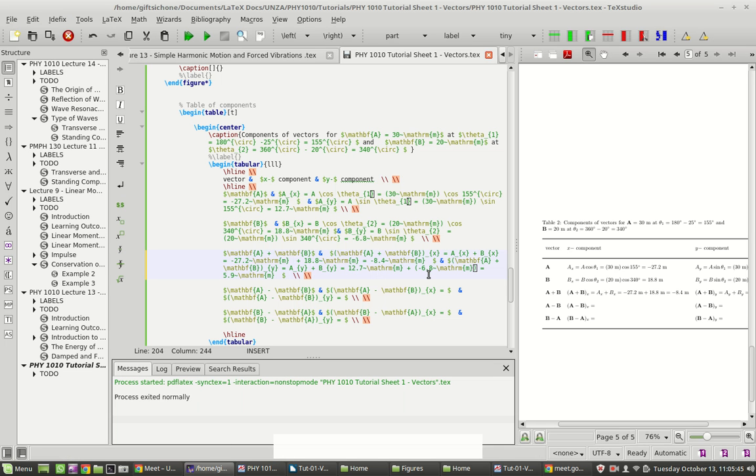So the only thing I need to do is probably get rid of this bit.